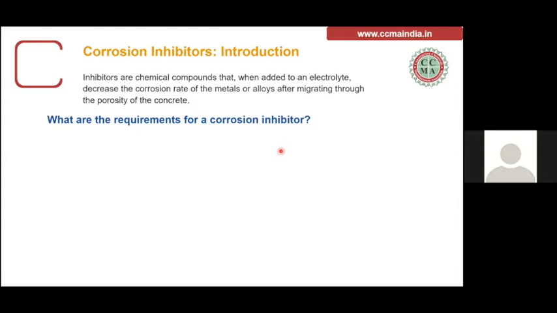So these corrosion inhibitors, what are the functions primarily that we look at? These products should be applicable both for chloride as well as carbonation induced corrosion. They should be able to tackle corrosion that has already been initiated due to chloride attacks or due to the ingress of carbon dioxide, and parallelly they should be able to mitigate any further corrosion due to chlorides and carbonation. So both processes are very important, and the product or the system or the technology that you're trying to apply should cater to both.